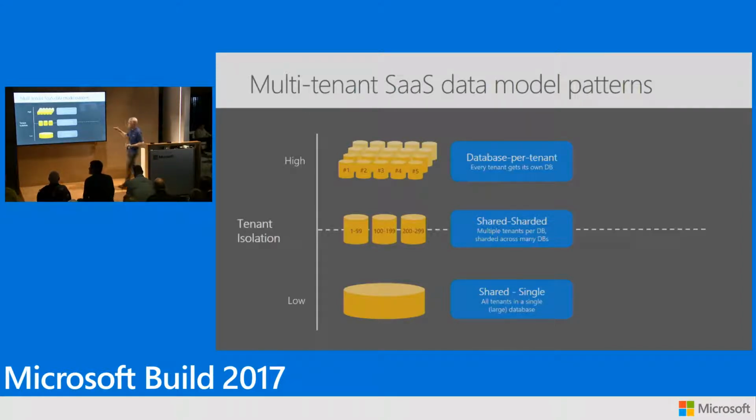So one of the key reasons for wanting to pursue this is the isolation model that comes from this. With this model, you've got individual databases used for each tenant, so the opportunity for one tenant to see another tenant's data is extremely reduced. You've now got security isolation, security boundaries. You've got performance isolation.